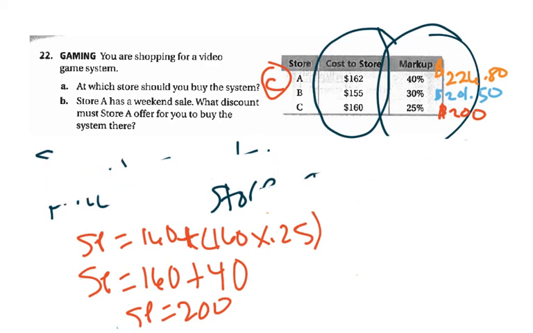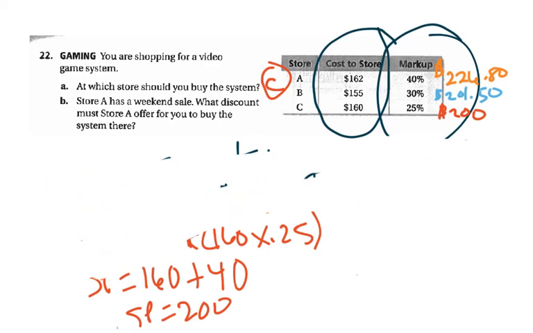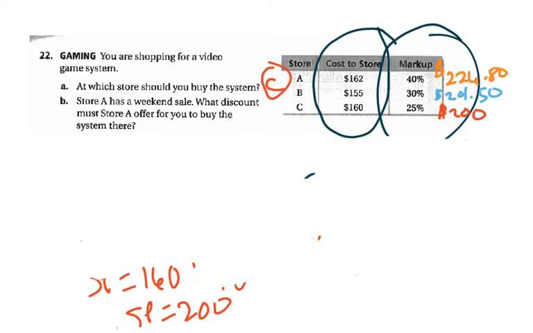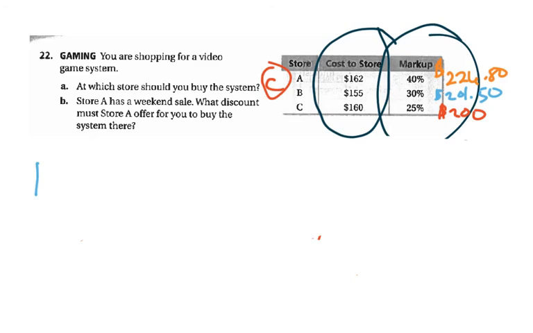Now it says in part B here, store A has a weekend sale. What discount must store A offer for you to buy a system there? Okay, so store A's system sells for $226.80.